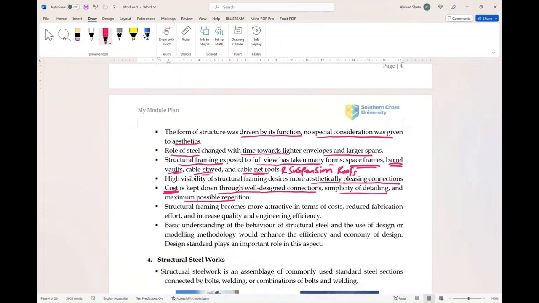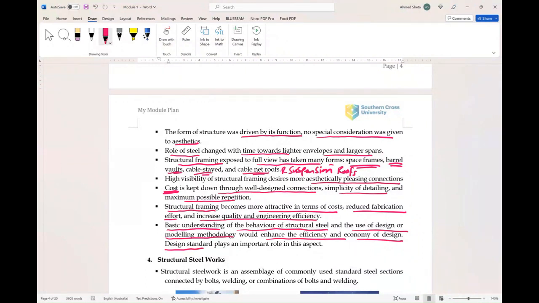Structural framing becomes more attractive in terms of cost, reduced fabrication efforts, and increased quality and engineering efficiency with time. So it becomes more common. Basic understanding of the behavior of structural steel and the use of design or modeling methodology would enhance the efficiency and economy of design.